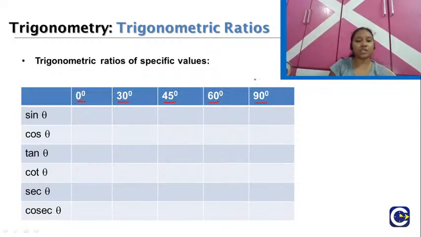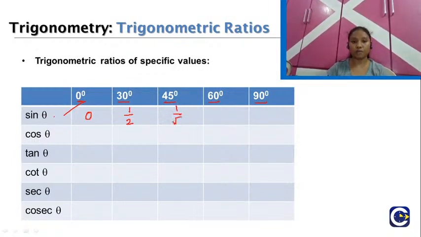So sin 0 degrees will be 0. Sin 30 degrees will be equal to 1 by 2. Sin 45 degrees will be equal to 1 by root 2. Sin 60 degrees will be equal to root 3 by 2. And sin 90 degrees will be equal to 1.